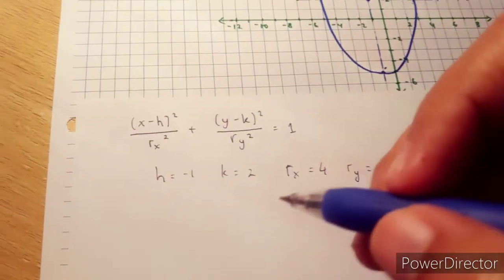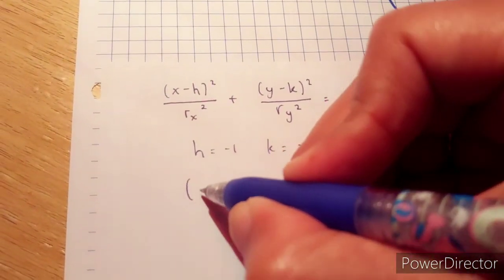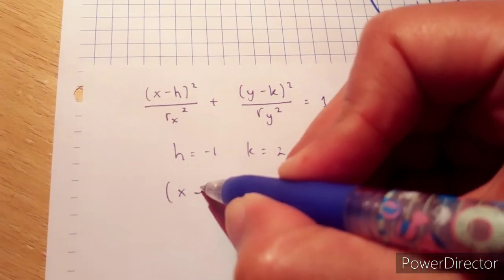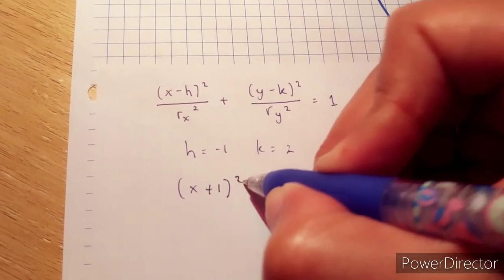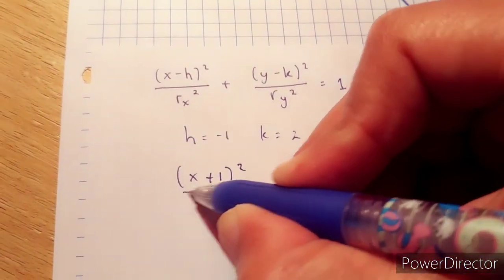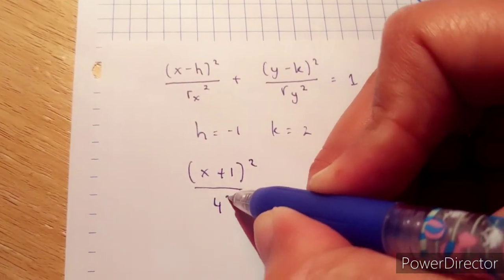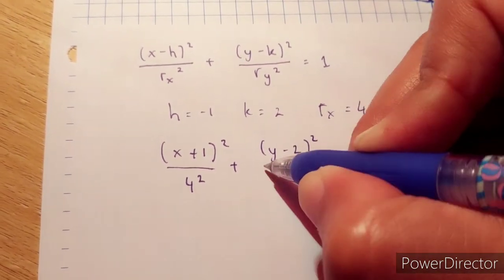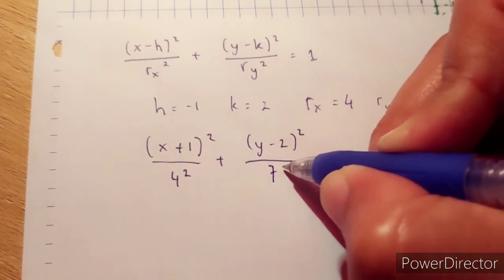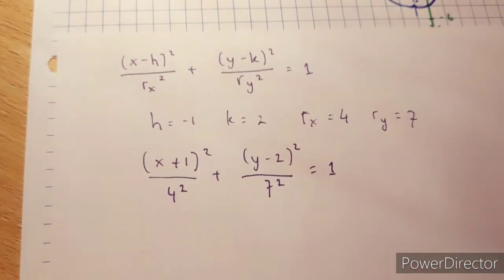So let's substitute all of this data into the form, so it is (x plus 1) square over 4 square plus (y minus 2) square over 7 square equals 1.